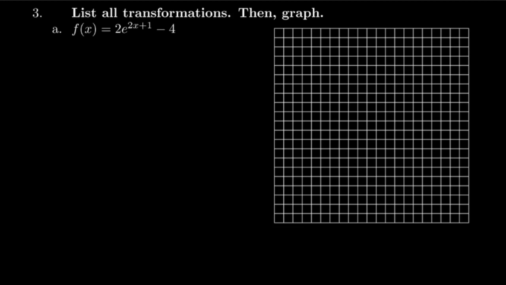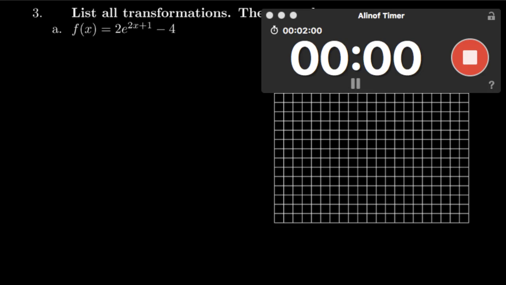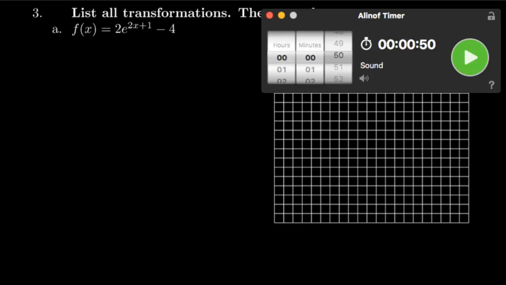Okay, so I'm gonna give us 5 minutes to graph this. You technically should be doing it quicker, but I'm also considering the fact that you're also drawing the axis and everything. So I'll give us 5 minutes on the clock. And yeah, begin.